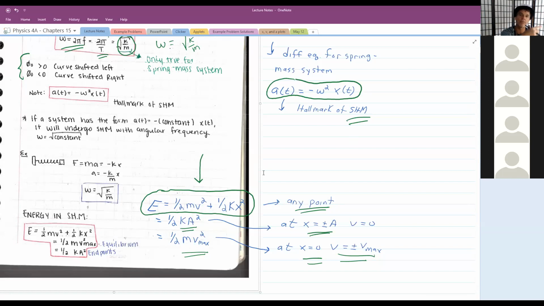And when it's passing through the equilibrium position, the spring is not stretched or compressed, but that's when it's moving the fastest. So all three of these energy equations apply, and it's going to depend upon whether you know what the amplitude is, what the max speed is, or if you're given x and v at a given point. And I'm going to do an example problem like that in just a second.